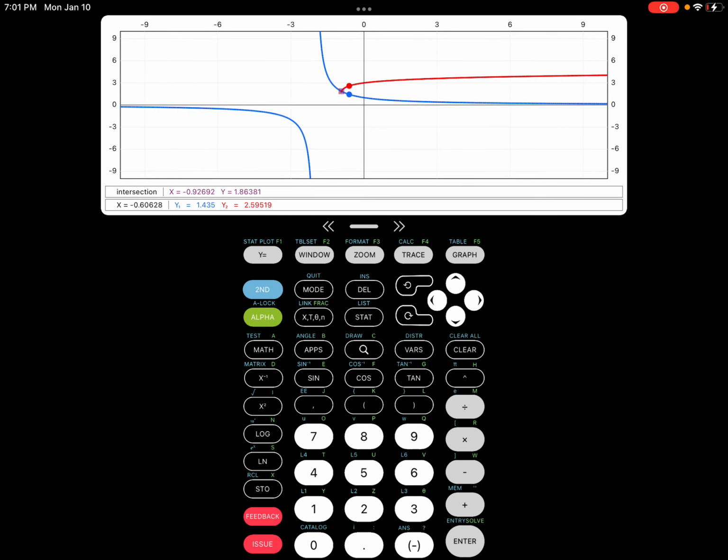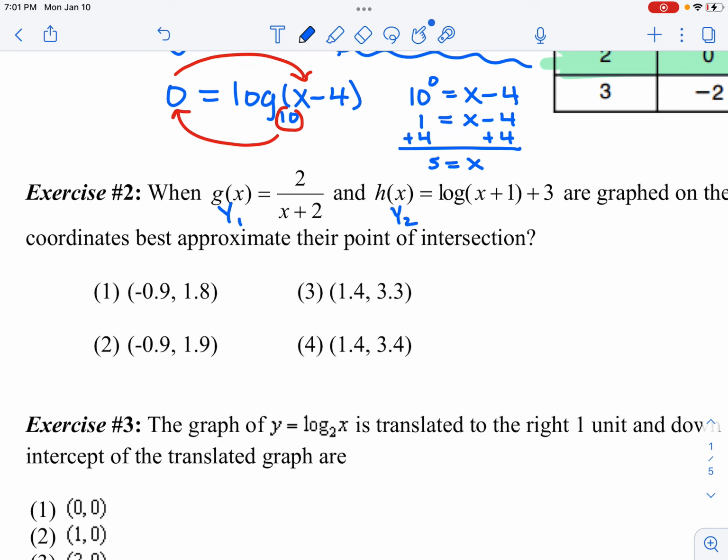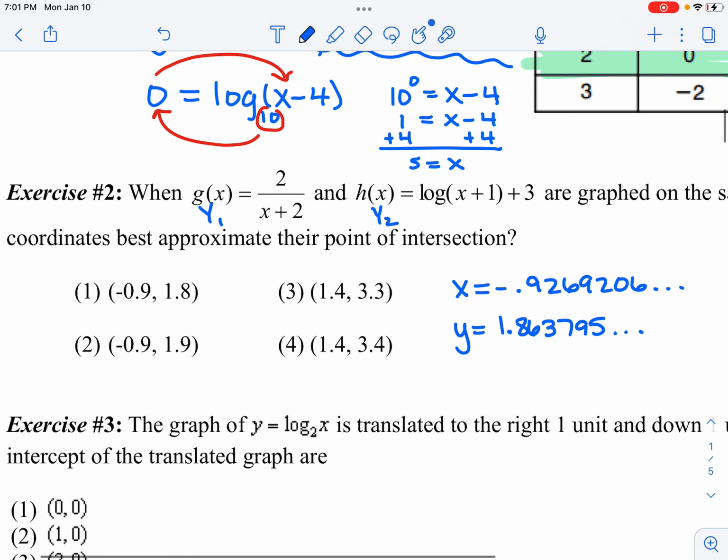You should end up with that intersection, which is in purple here, the negative 0.9269, comma 1.863. So I'm just going to write that over here. The intersection was an x of negative 0.92692006, just to get all the values, and the y given was 1.863795. Okay, and then it says which one would best approximate.